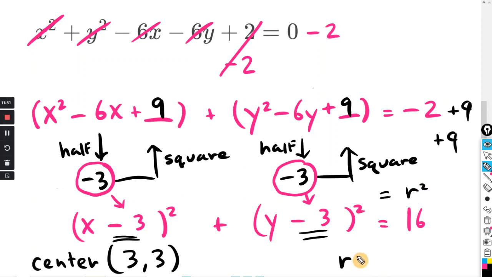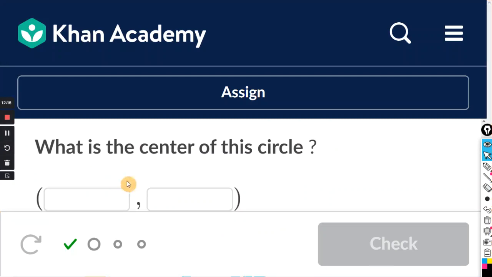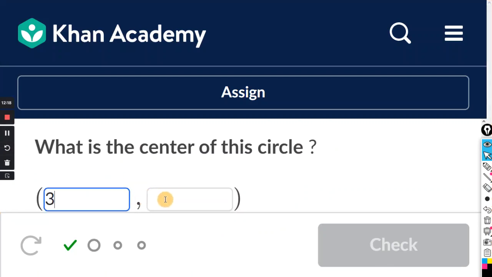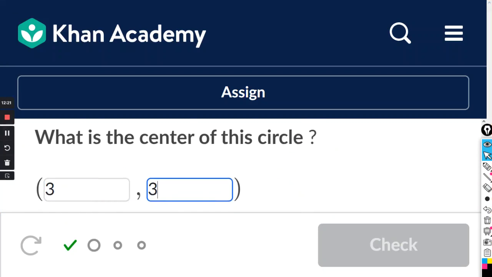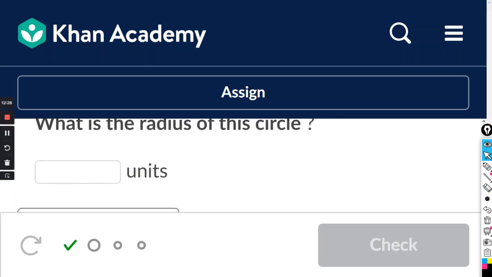So if r squared equals 16, you just take the square root of both sides, and r equals 4. Negative 4 works, but not for the radius, because the radius has to be a positive length. So that's it. The center is 3, 3, and the radius is 4. In the parentheses, 3, 3, that's the h and k, and that's for the center. And we said the radius was 4.